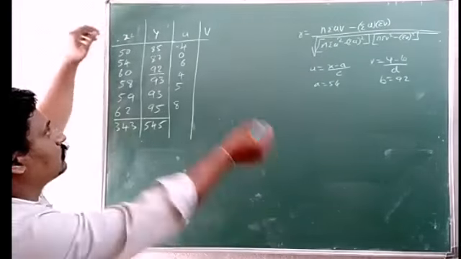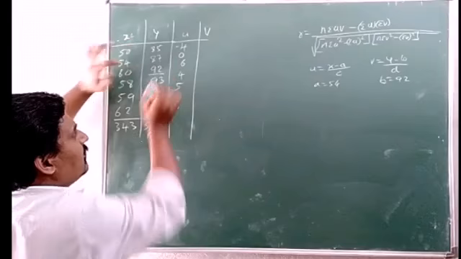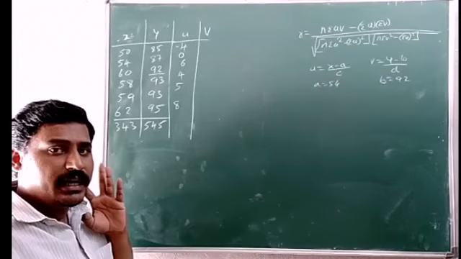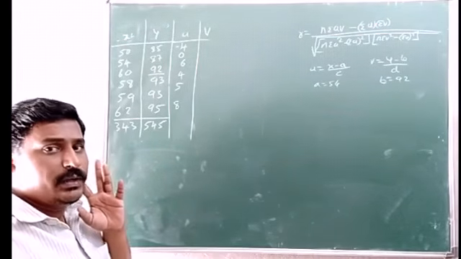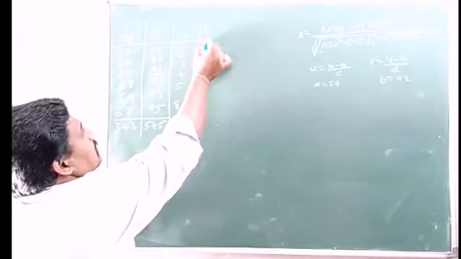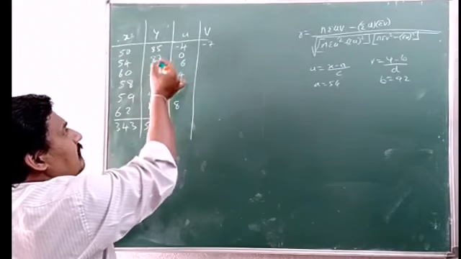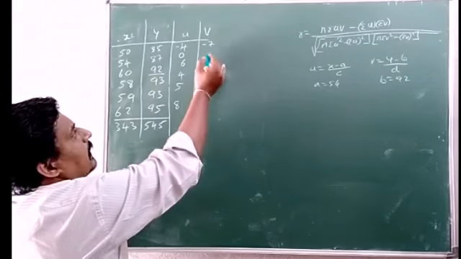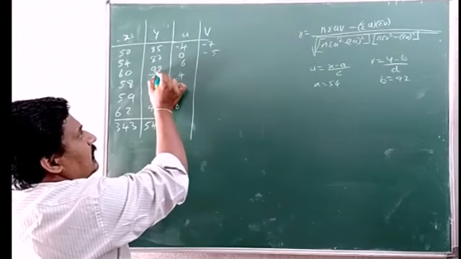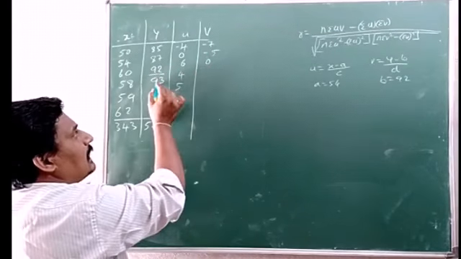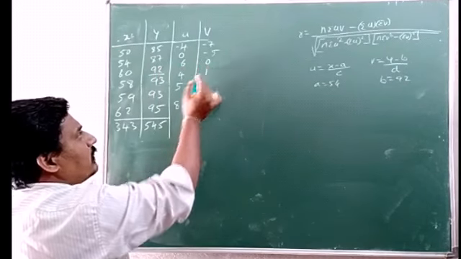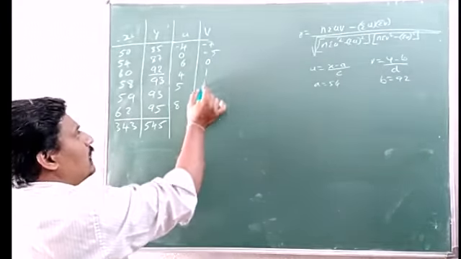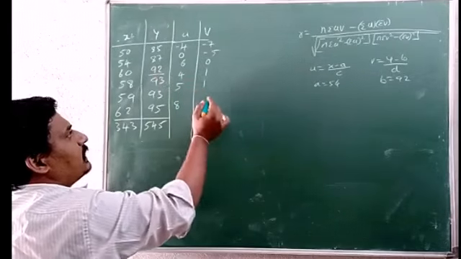Now 85 minus 92, we get minus 7. Then 87 minus 92, we get minus 5. 92 minus 92, 0. 93 minus 92, 1. 93 minus 92, 1. 95 minus 92, 3.